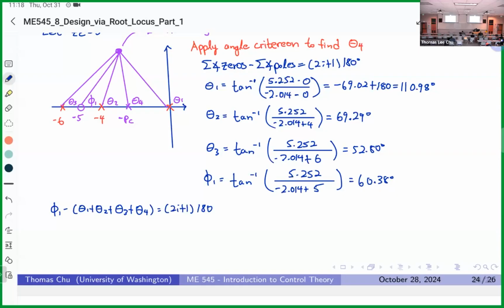And we basically get, after some heavy rearranging, 2i plus 1 multiplied by 180 degrees, minus 172.69 degrees.